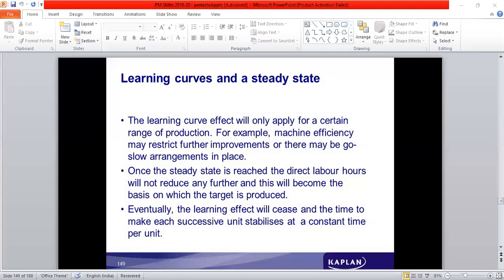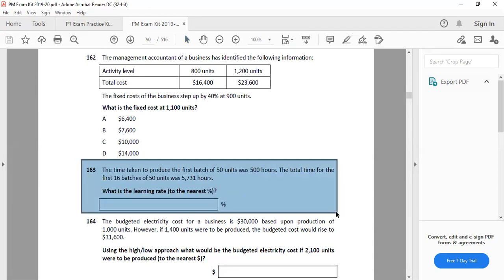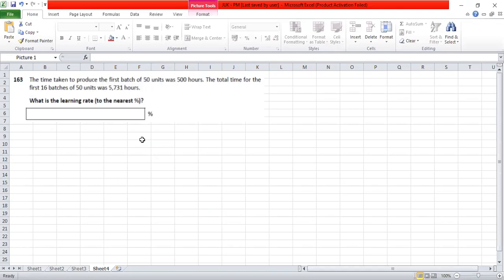We'll work one or two questions which are there. The question on the screen, 163: the time taken to produce a batch of 50 units was 500 hours.